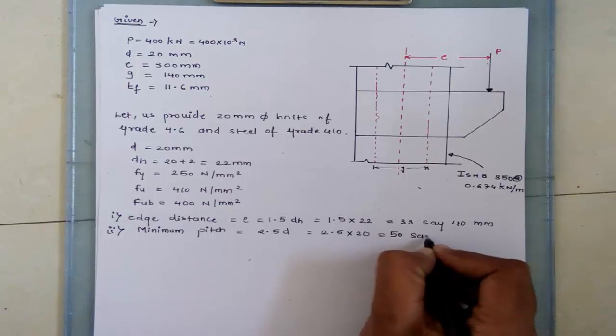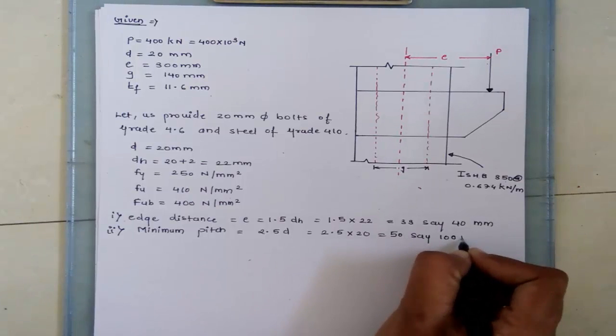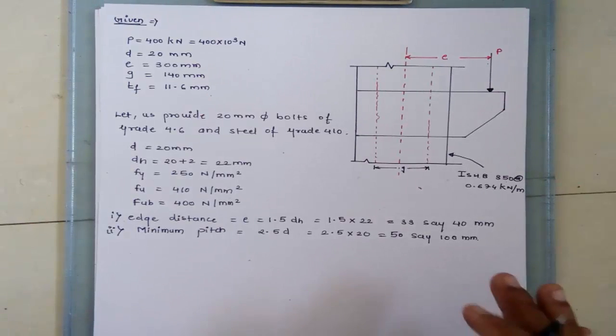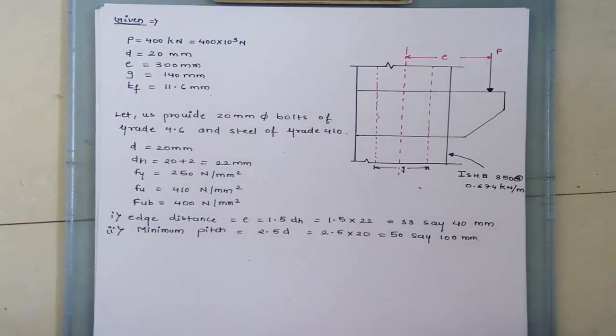Say it as 100 mm. In this problem, we have to consider the pitch between 80 to 100, so that then and only then can we say that this numerical is safe.